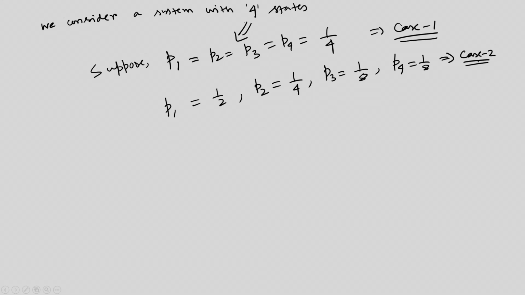So in case 1 all probabilities are equal, in case 2 probabilities are varied.